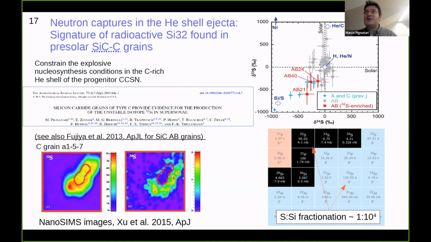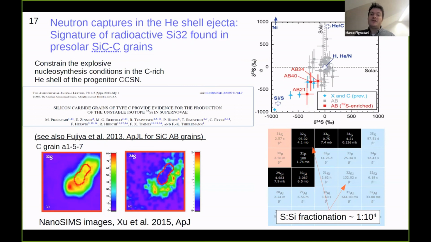That was silicon-32. And this was confirmed also by later NanoSIMS analysis, where by looking at grains it was possible to identify regions where there was sulfur-32 with basically no sulfur-34, except on the external part. This plot is using delta notation, which means variation per mil.